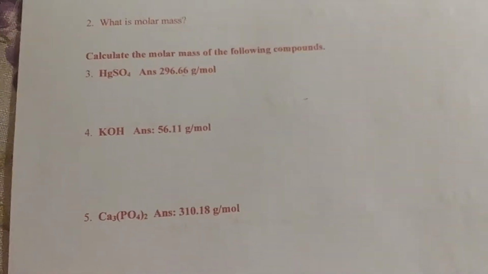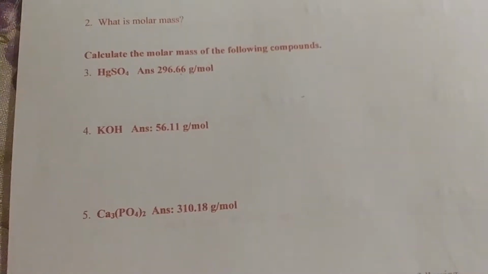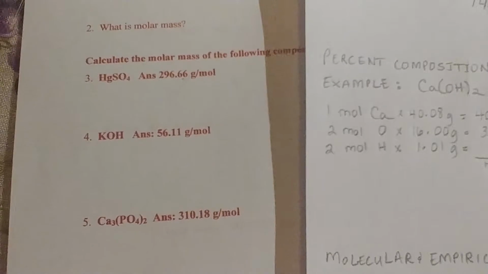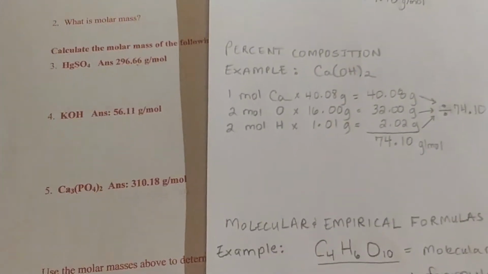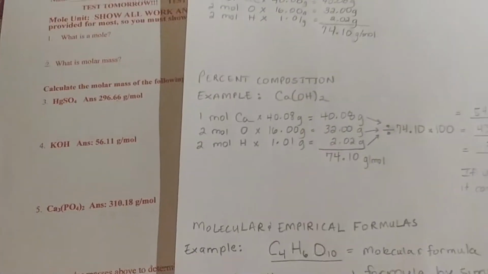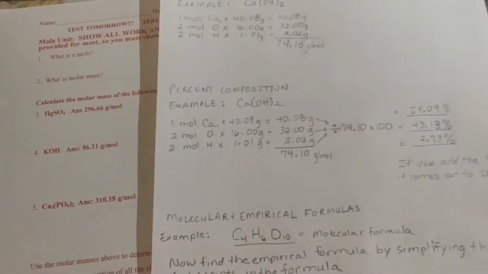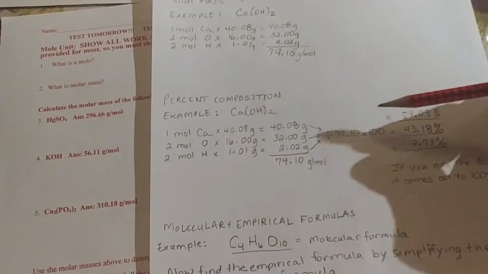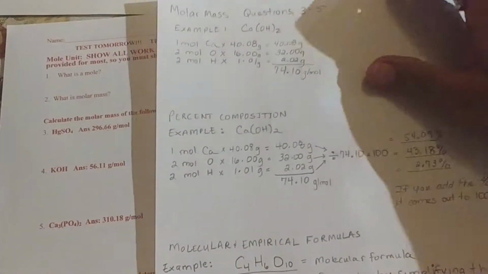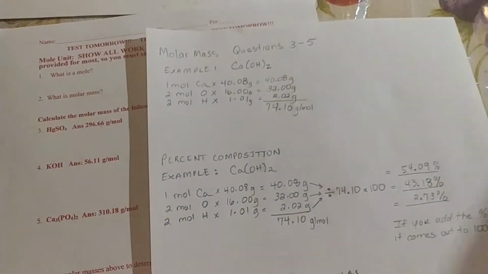All right, so let's go ahead and take a look at how you would do questions 3 through 5. Okay, so I have an example. None of the ones that you have on that paper. It's actually different, which is okay. That's why it's an example. So if you look at my example, to find the molar mass, you're going to have to separate the elements.